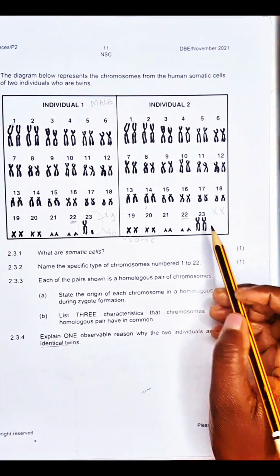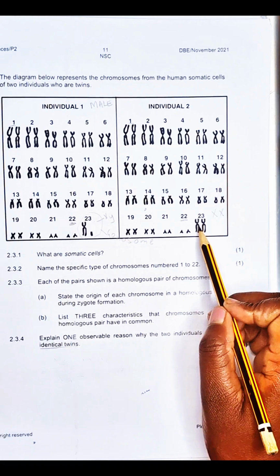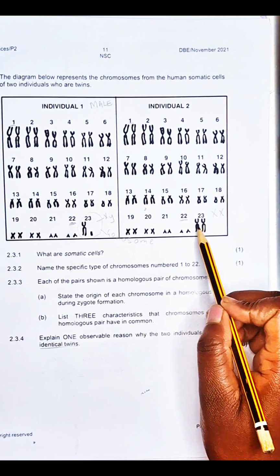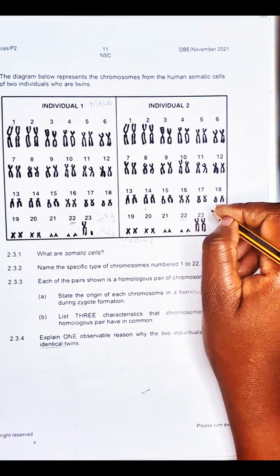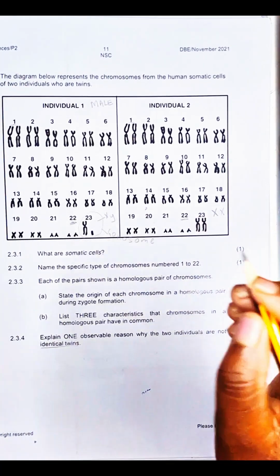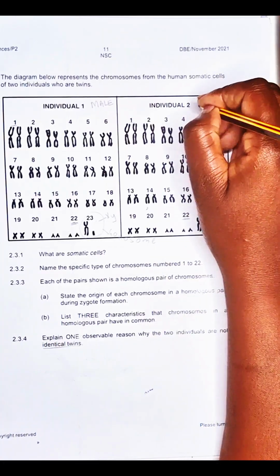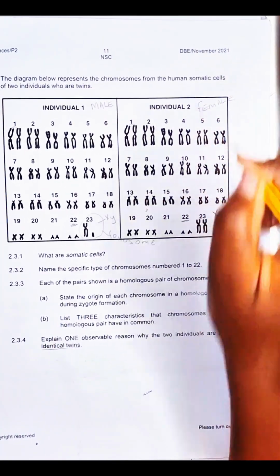How do we know that this is XX? We see it because these chromosomes, when we look at them, are equal in size. So basically this is our XX chromosomes. So it means that individual 2 is a female. This is a female.